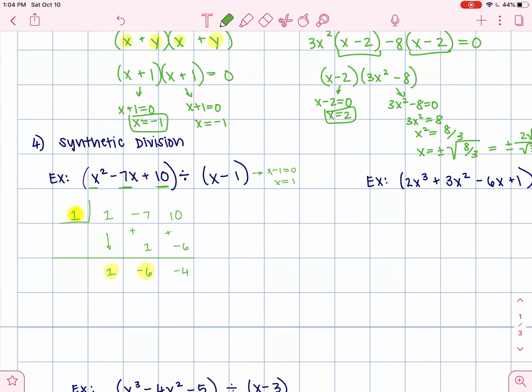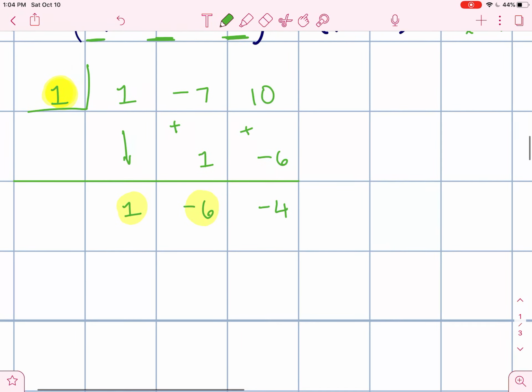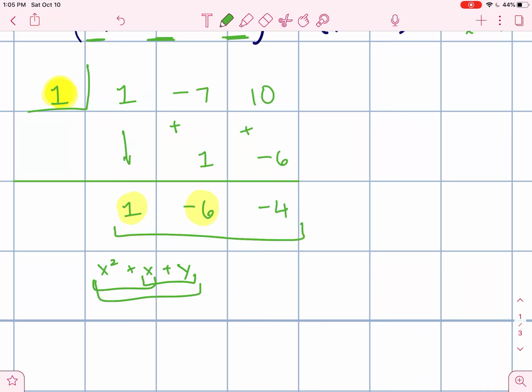Great, so now we're going to have to match up our terms. Let's say we just had an equation like x squared plus x plus our constant, I don't know, y, and so on. Now we're going to have to match up our terms, like x squared plus x plus y, with the terms that we see here.